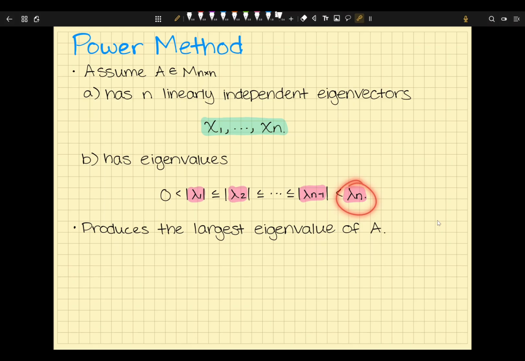We use this fact to get from A x1 and A xn to lambda 1 x1 and lambda n xn. And then on the next page, we just used our fact again. So we see these A x1 and A xn appear again, and then again, these are just lambda 1 x1, lambda n xn. And we just keep doing it. We just repeatedly use this one fact over and over.